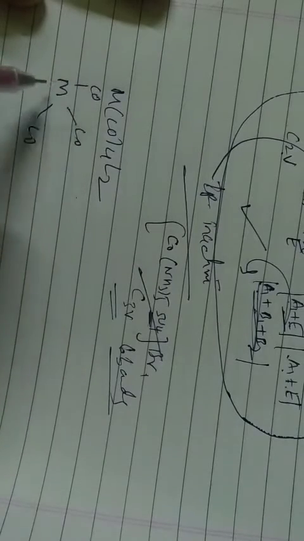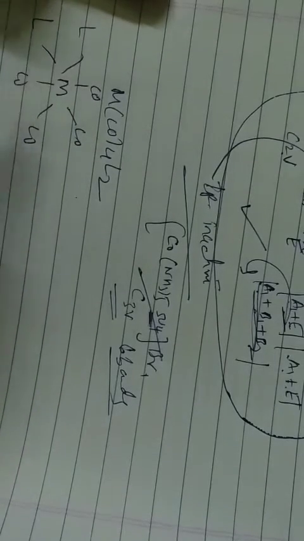If you write M, CO 1, 2, 3, 4, and L and L, this is one type of C2v. If you rotate this, it is in the same position; it can be rotated twice, from C2v, like water. So you can see here the four stretching frequencies.